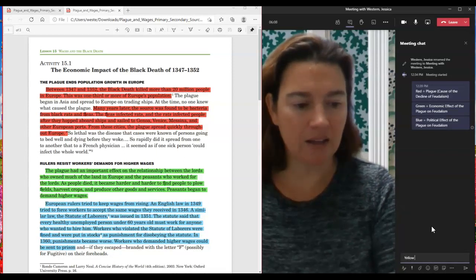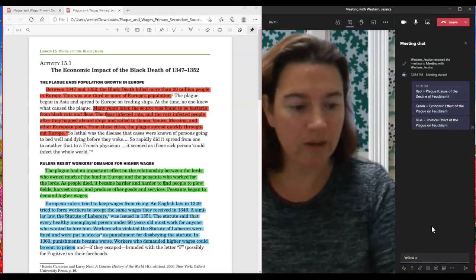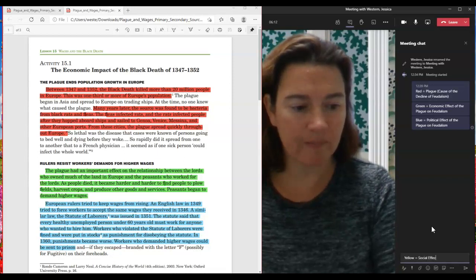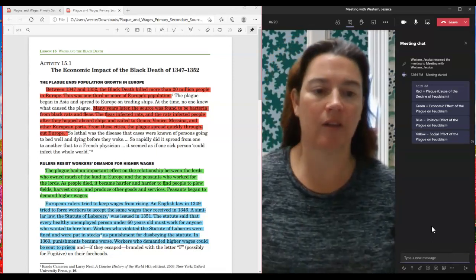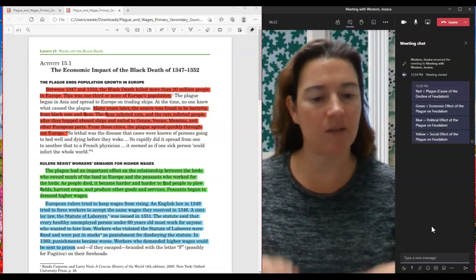And anything that's in yellow is going to be a social effect of the plague on feudalism.